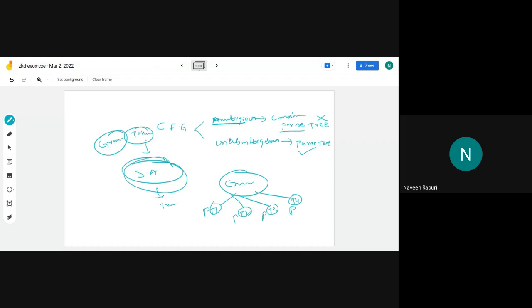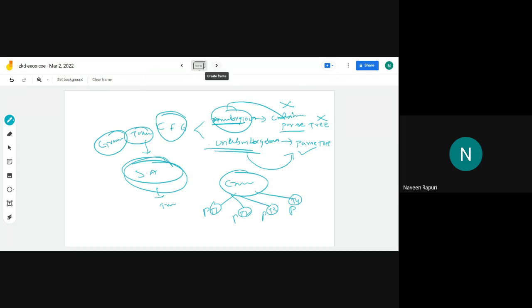The given context-free grammar is ambiguous or unambiguous. If it is unambiguous, we can move forward. If it is ambiguous, we cannot move forward. So we need to check whether the given grammar is ambiguous or not.